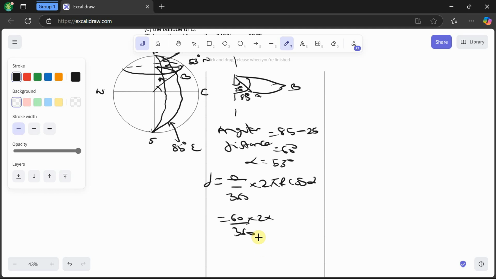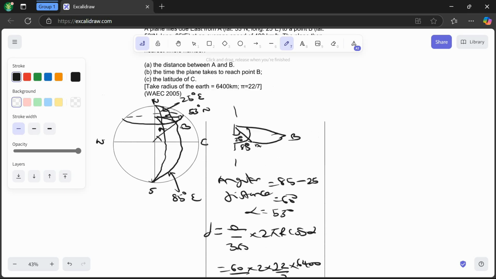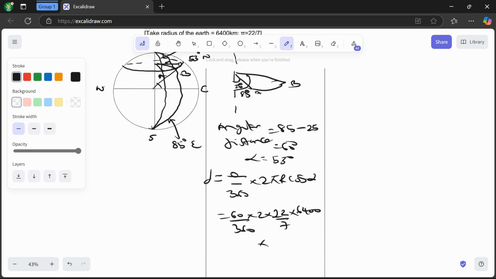Times 6,400. I assume that is what they said we should use, but let me check. Great. Times cos 53 degrees. So this can go here, 6 and 2 here, 1 and 2 here, 3. Let's solve.